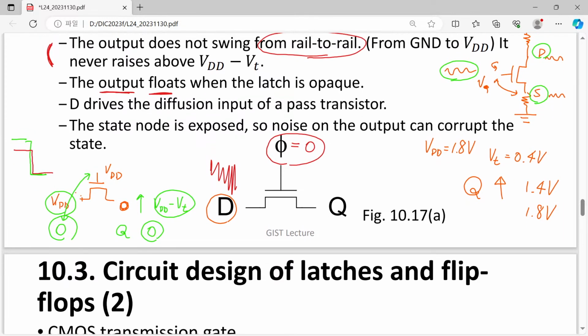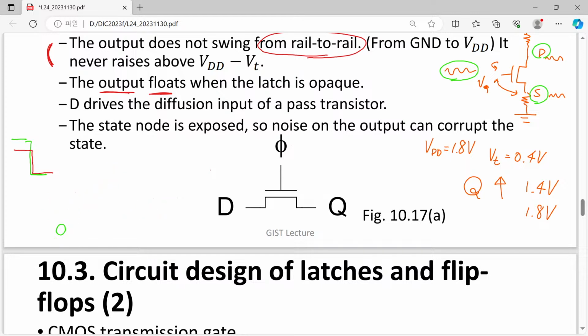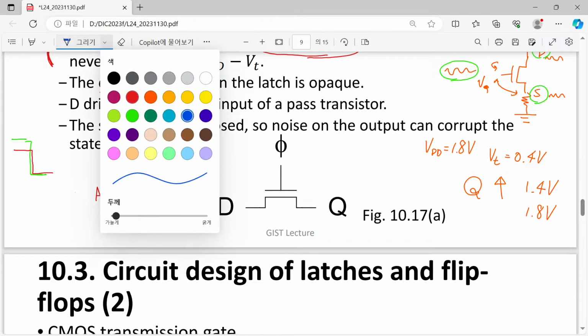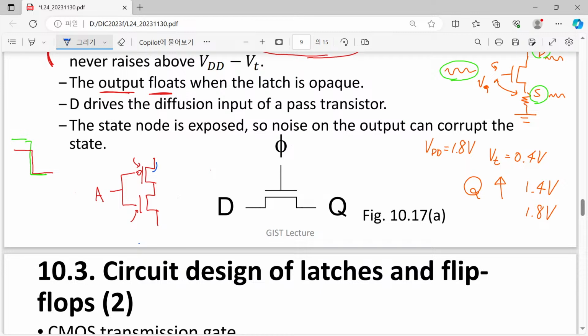Also another one is, usually we want to apply our signal to the gate of our transistor. So please note that if you have an inverter, then your A signal is connected to the gate of your transistor, and these gates are completely well separated from the channels.